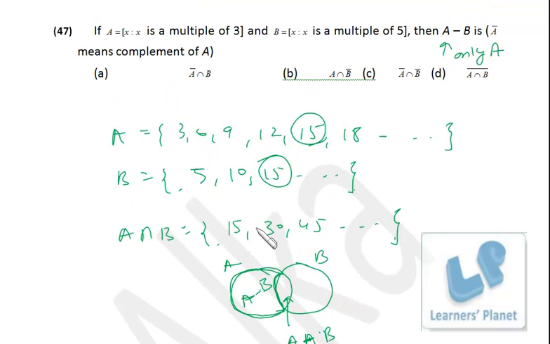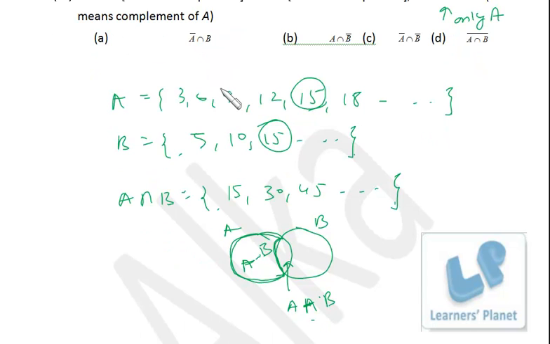Now we see from the options which of them suits here. A complement intersection B: A complement is the area outside this circle, so that cannot be correct.